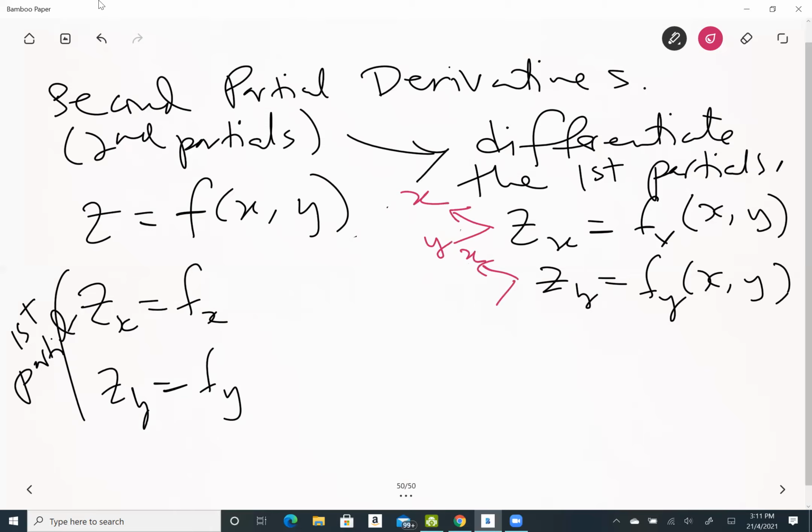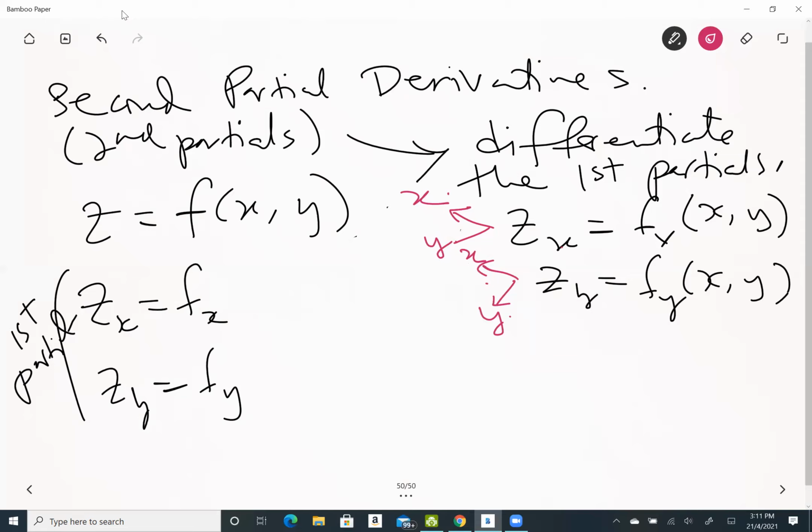I also take the derivative with respect to y. So second partial, how many do we get? We get 4. 1, 2, 3, 4. Derivative of fx with respect to x, derivative of fx with respect to y. That's 2. Derivative of fy with respect to x, derivative of fy with respect to y. That's another 2. So that is 4.